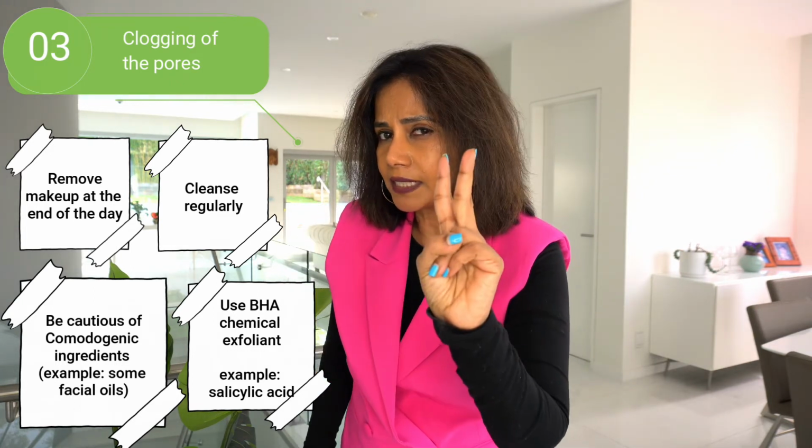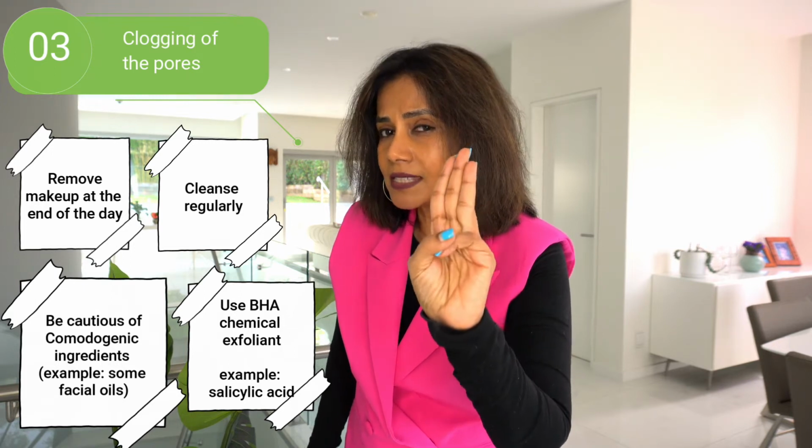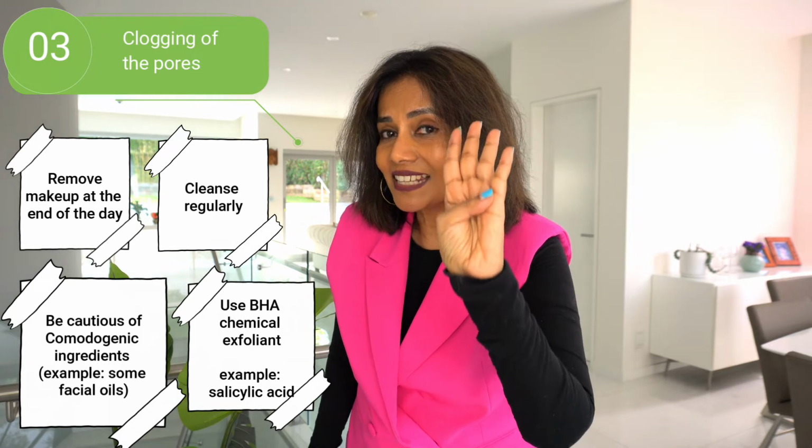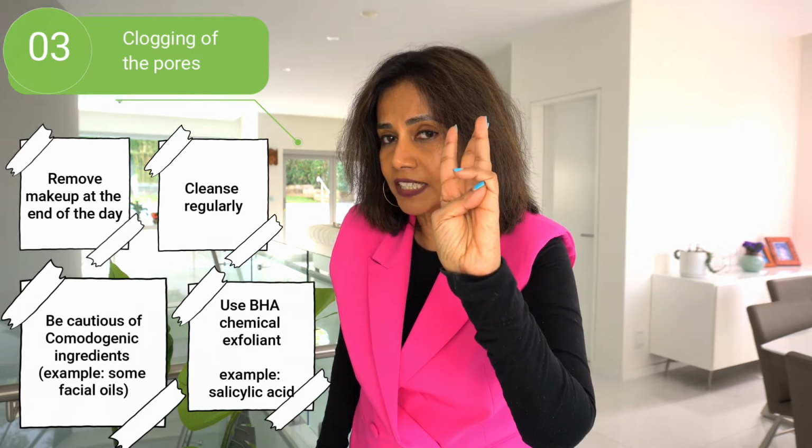Makeup, be wary of certain skincare ingredients, cleanse your face, and use some BHA chemical exfoliant like salicylic acid, which is super duper effective because it goes inside, scoops out everything, and unclogs the pores. So that's the third reason why your pores might look enlarged. That is, the pores have got clogged. In the bottom, it's got clogged, it's got filled with all these unnecessary ingredients.